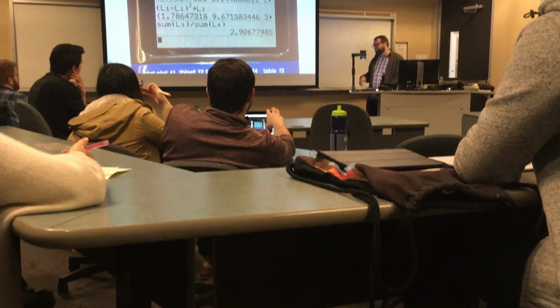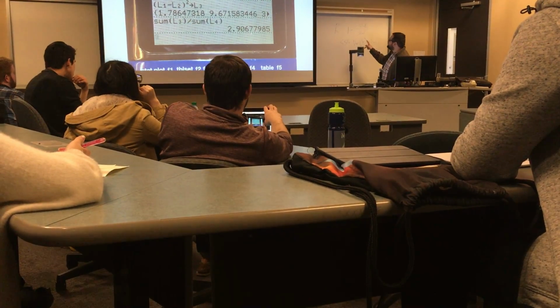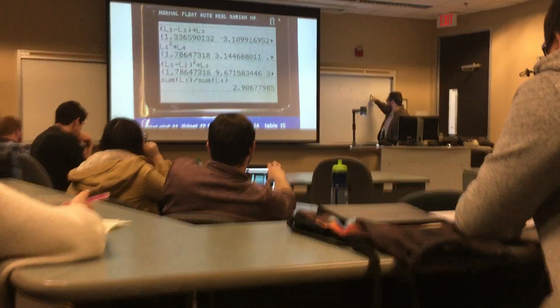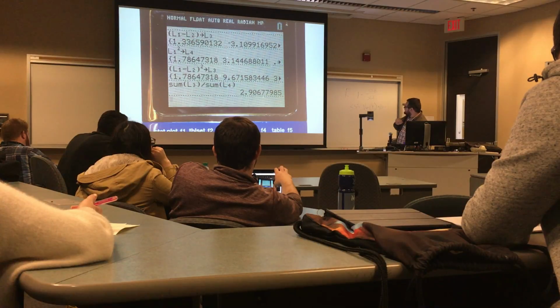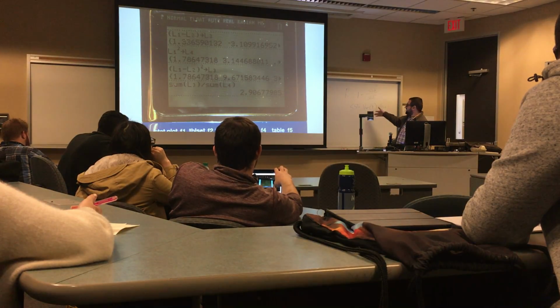R squared, 1 minus SSE over SST. This is like exam 1 stuff. So if you were wondering if it's cumulative, it's cumulative. SST, if you remember, you do the variance of y times n minus 1.